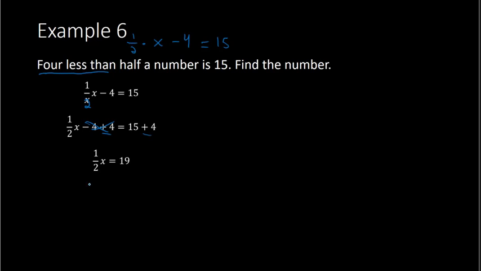So I divide by 1/2, which is the same thing as multiplying by 2/1. So I multiply by 2/1 to get the 1/2 to cancel on the left side. So on the left, I have x, and then on the right, 2/1 times 19 would give me 38. So my solution is x equals 38.